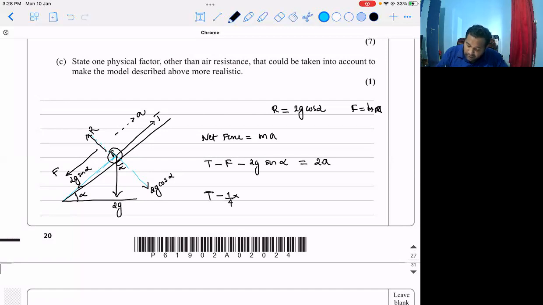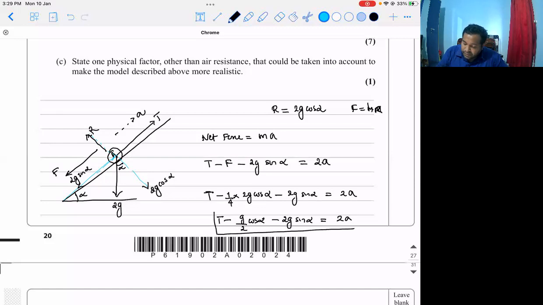Normal reaction we already know, that is 2g cos alpha. So T minus (1/4)(2g cos alpha) minus 2g sin alpha is equal to 2a. Simplifying, 1/4 and 2 give g over 2, so T minus (g/2) cos alpha minus 2g sin alpha is equal to 2a. This is one of the equations.